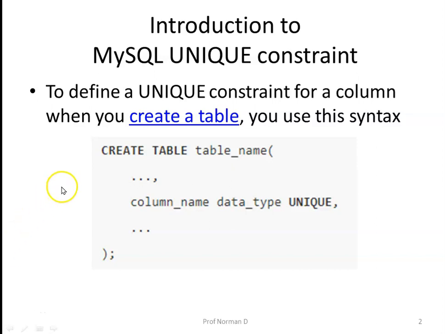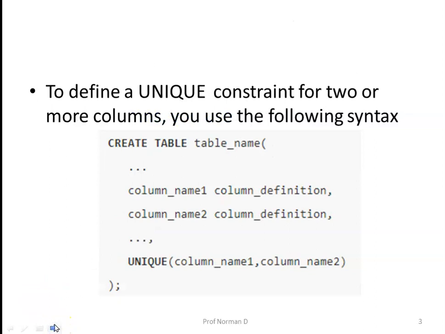While creating a table, you specify the column name, that is your attribute name, followed by the definition of the attribute, and then you make use of the keyword unique. So this can be used if you are specifying only one attribute in a relation to be unique. In case there are more than one attributes which should be unique, then you specify this particular syntax.